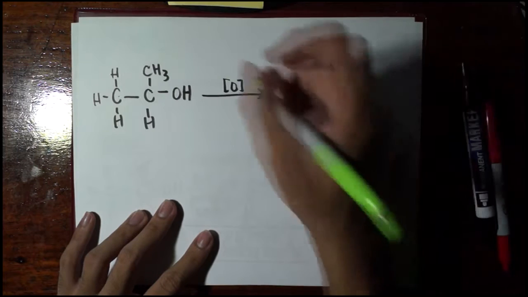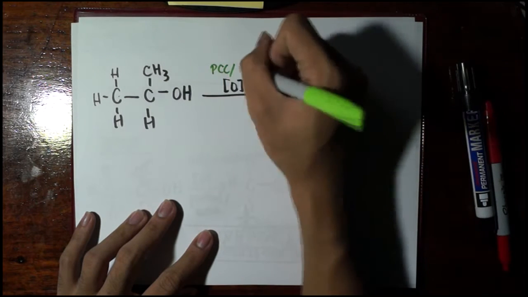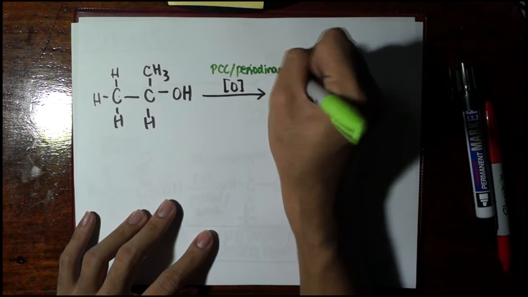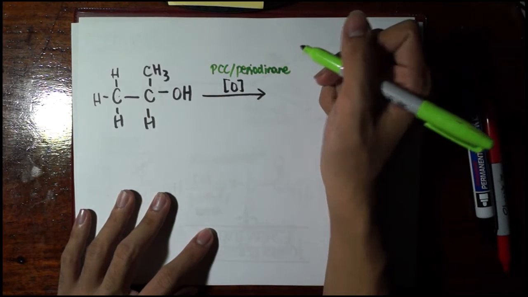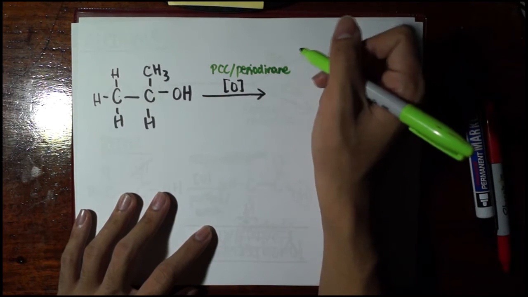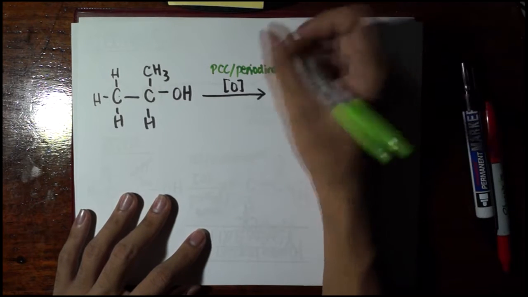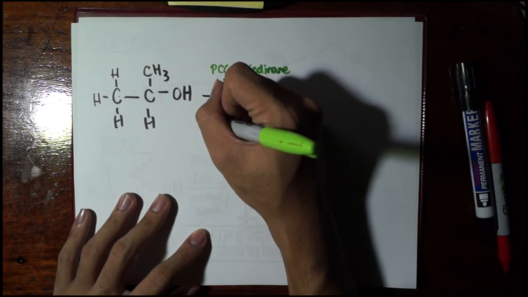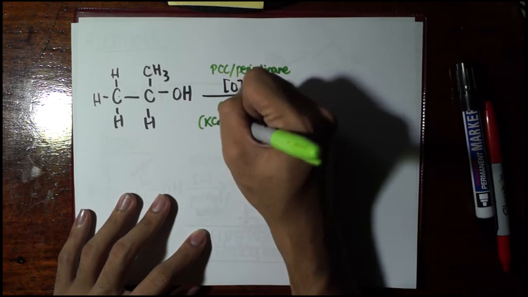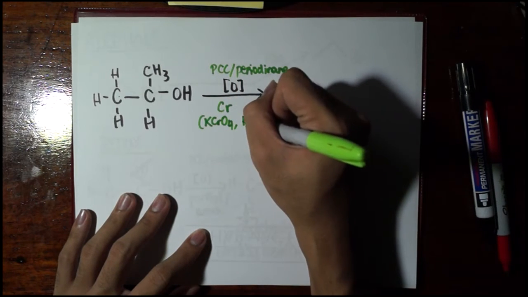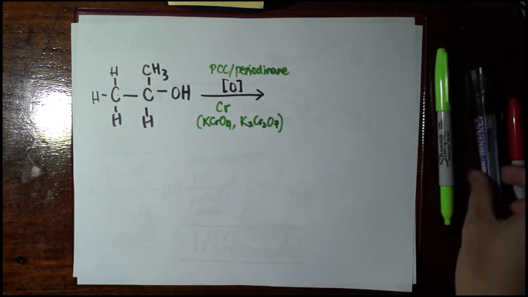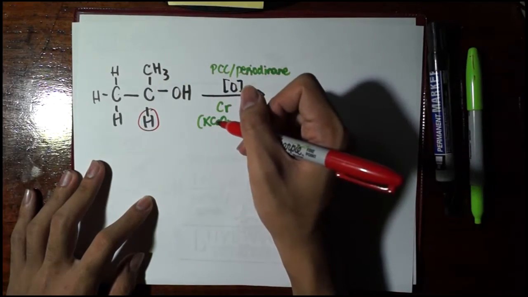Now, if we use PCC or periodinane, we will have it undergo weak oxidation. Or even if we use the strong oxidizing reagents such as anything with chromium, that is potassium chromate or potassium dichromate, we will come up with the same product. Here, the ketone has one hydrogen left.